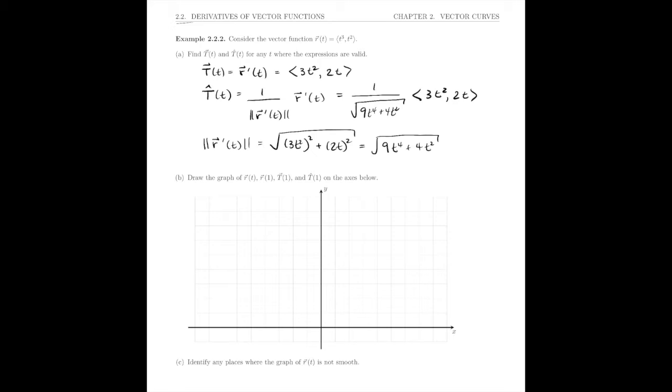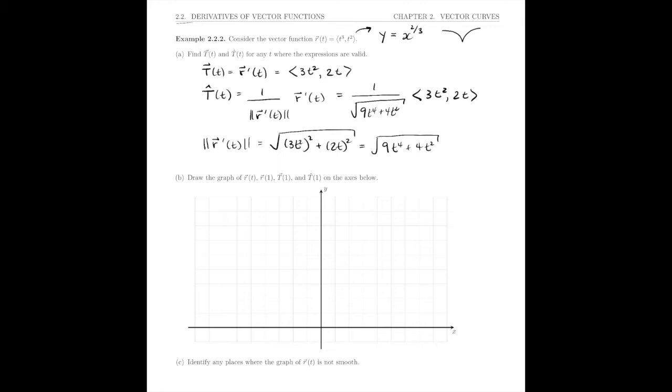Now in part B we're asked to graph r of t, r of 1, T of 1, and T hat of 1. So for the graph of this planar curve, there's a couple ways of doing it. First thing that we might notice is the relationship between y and x, and y is x to the 2/3. That is the cuspy looking curve that we have seen before in a previous video. So we need to put that on the axes, and I'm going to choose a couple of t values.